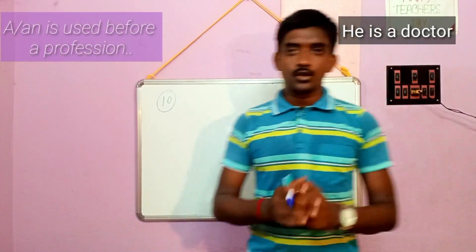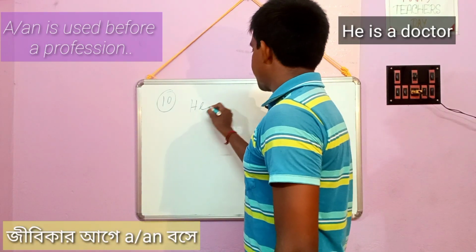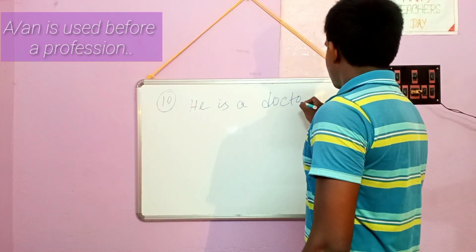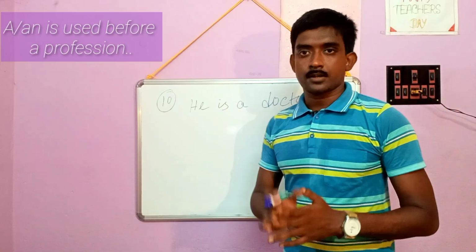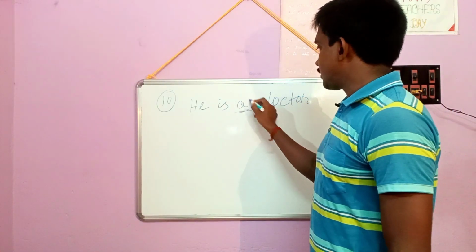A or an is also used before a profession. Like, he is a doctor. Similarly, we can say he is an engineer. So before some occupation or profession, a or an is used.